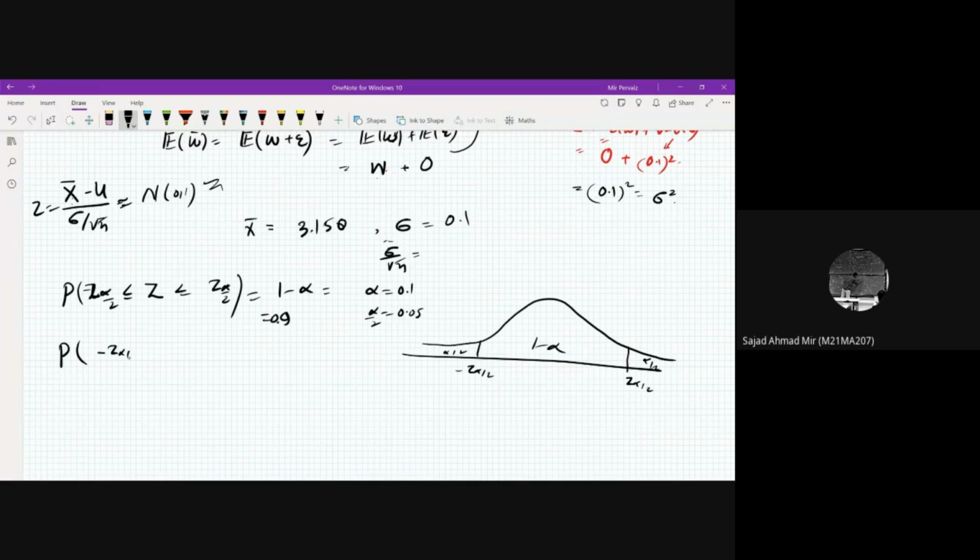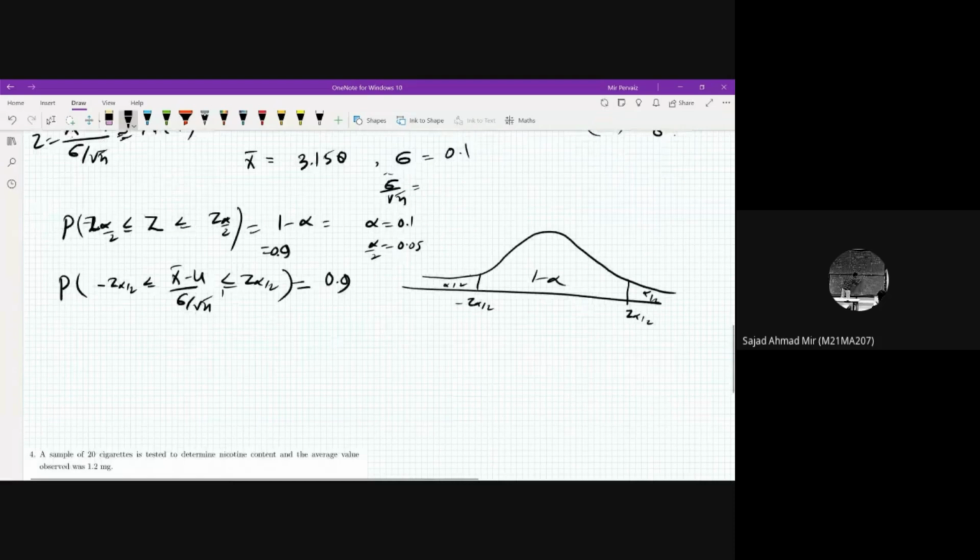So minus z alpha by 2 is less or equal to x bar minus mu over sigma by root n, which is also less or equal to z alpha by 2. If we simplify this, using alpha and alpha by 2 you calculate the z quantity.